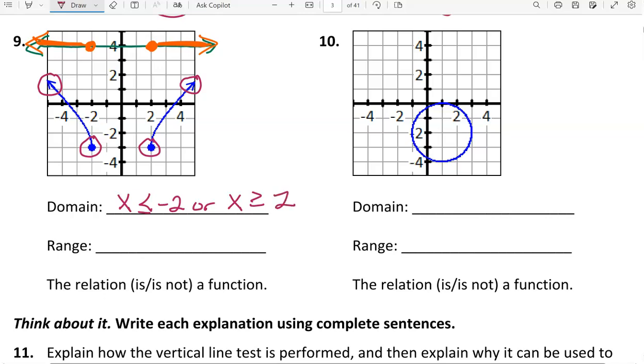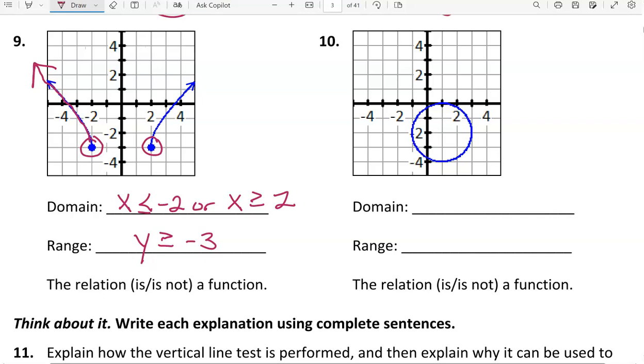For the range, we need to consider lowest and highest y values. That is the lowest point on the graph, and that occurs in two places. So the lowest value is -3, and the graph continues from there going upward without end, so that means that our y values will always be greater than or equal to -3.